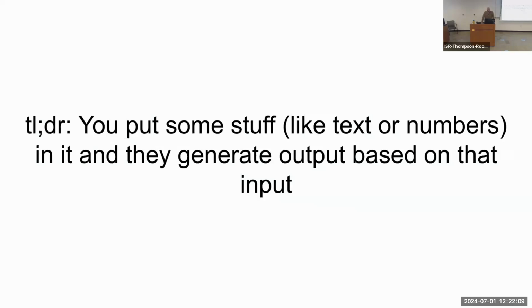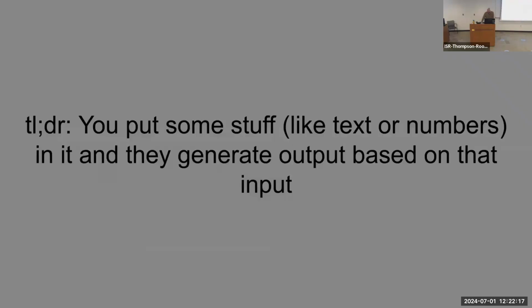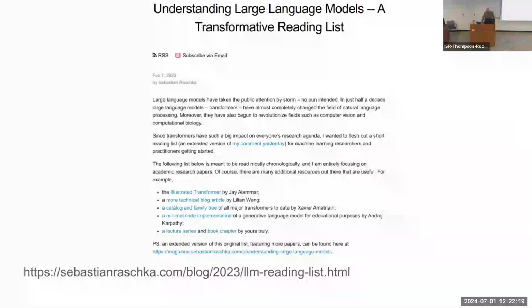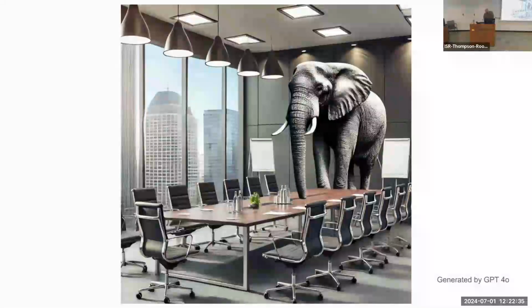You put some stuff like text or numbers in it, and they generate an output based on that input. So for example, you give it a sentence, and then it does some predictions on what you want from that sentence. There's also a reading list if you want to get more into transformers by Sebastian Raschka, which I can also recommend. I can make these slides available to everyone who wants them, if they want to have the links and the references, so no need to write that down.